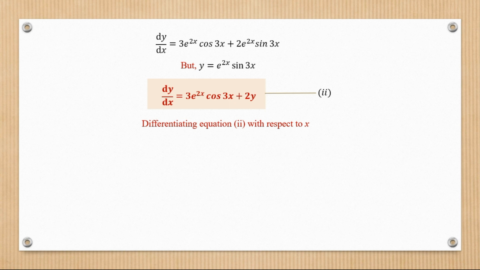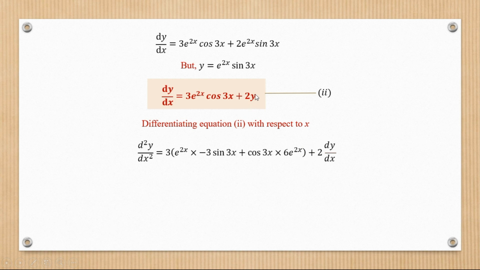So differentiating equation 2 with respect to x, we'll have the second derivative being equal to that. As you can already see, this side here shall still require the product rule, and then this can be differentiated directly. After differentiating this from the product rule, I'll have 3 into e2x times negative 3 sin 3x plus cos 3x times 6e2x.